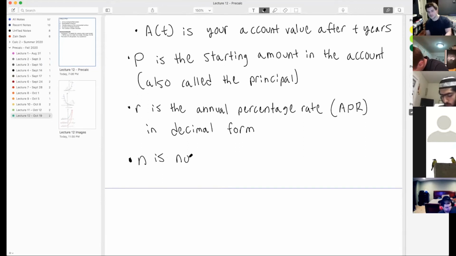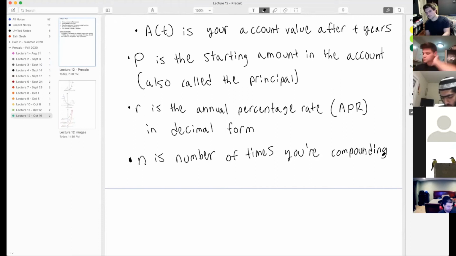So n is the number of times you're compounding in 1 year.